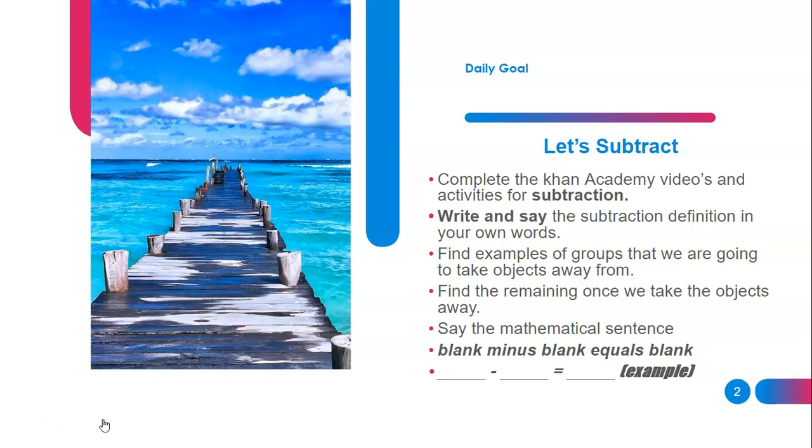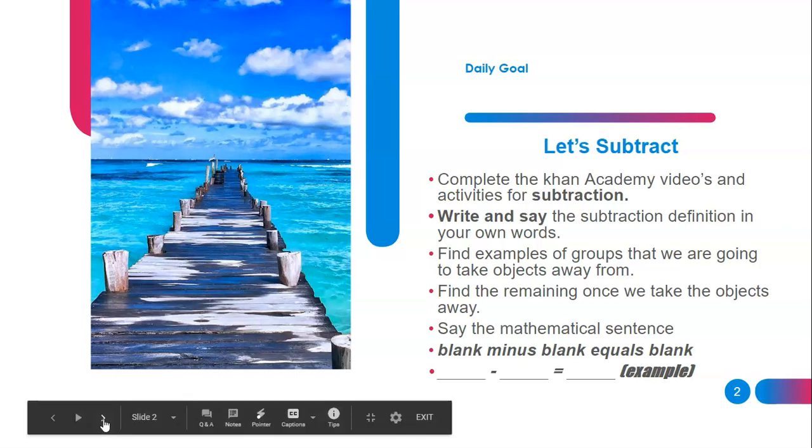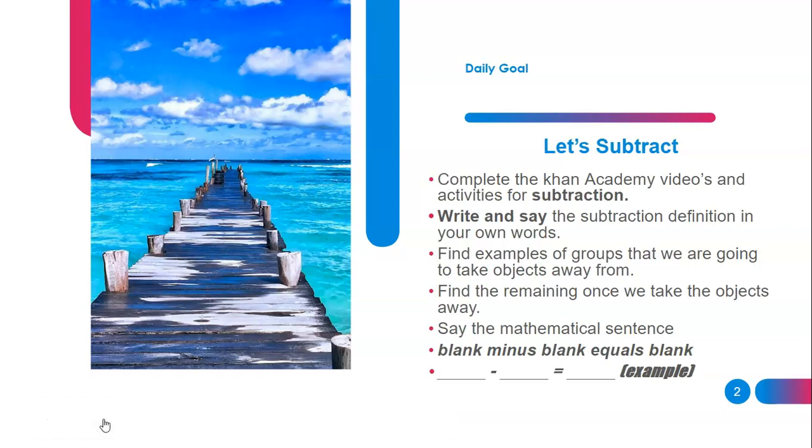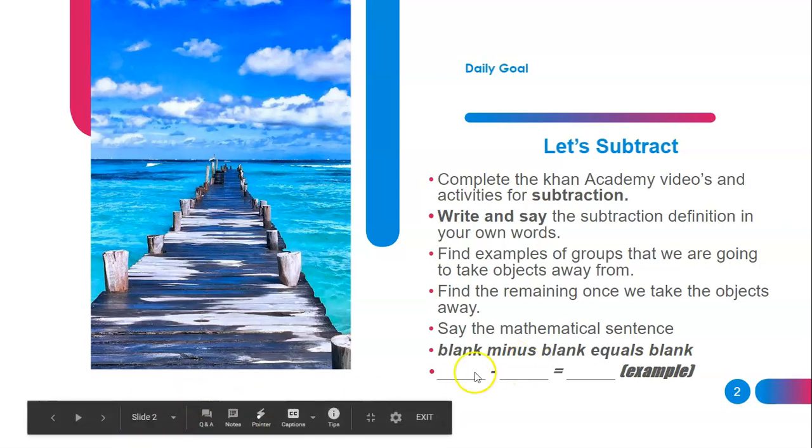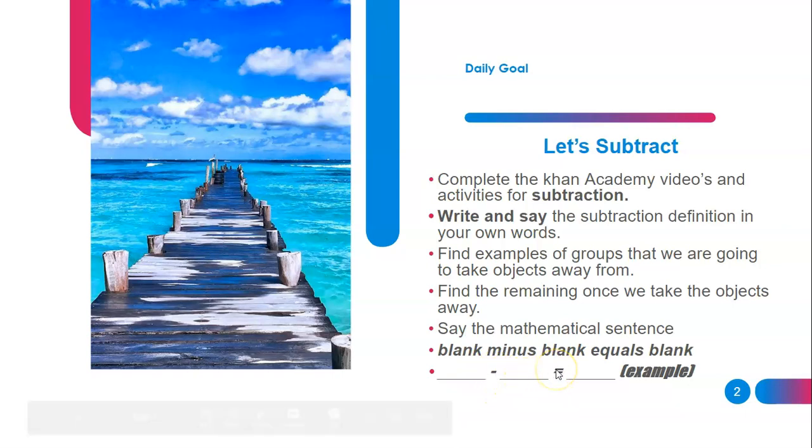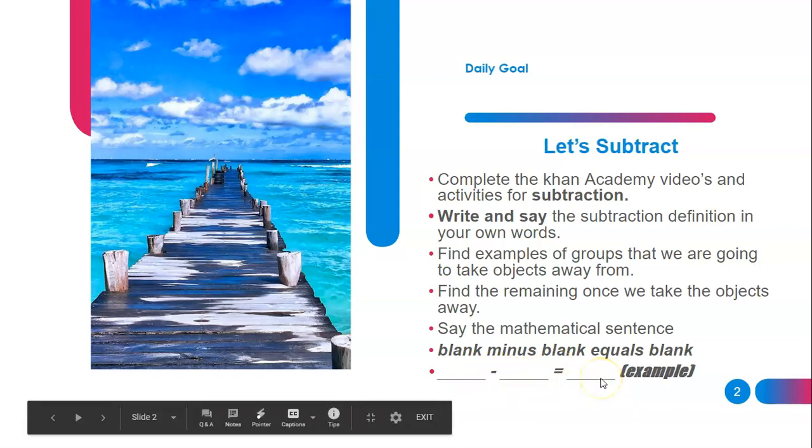You're also going to find the remaining once we take the objects away. And then you're going to say the mathematical sentence: blank minus blank equals blank. And this is the example I'm referring to. Blank minus blank equals blank. So we're ready? I do believe we are.